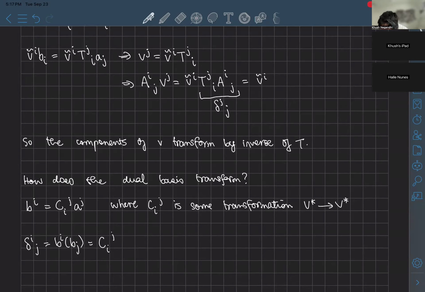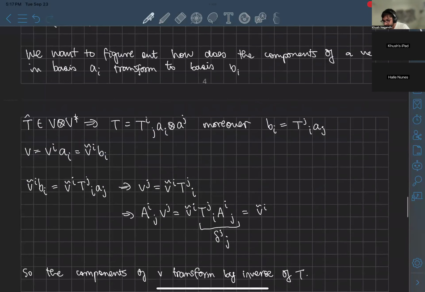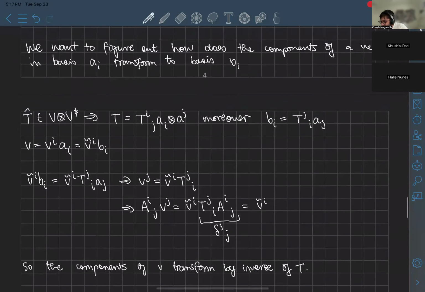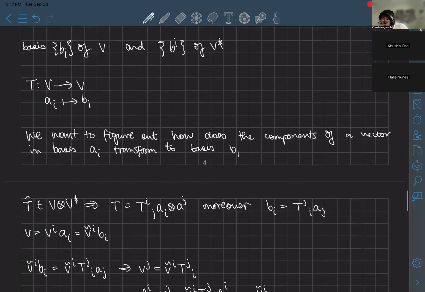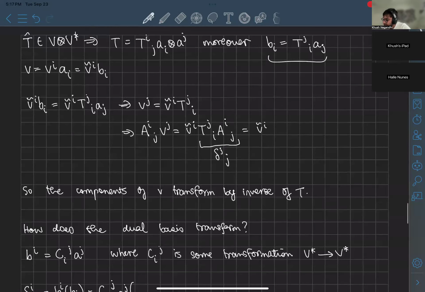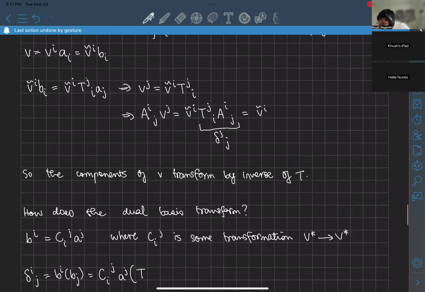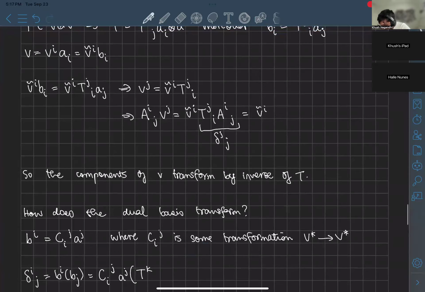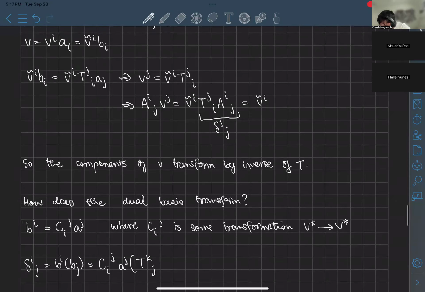So we have C_ij a upper j, and then the b_j's transform as T_kj a_k.